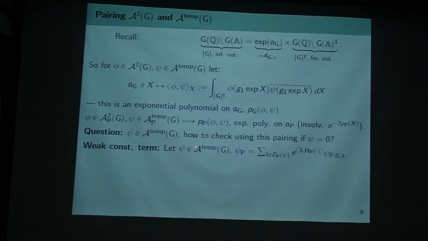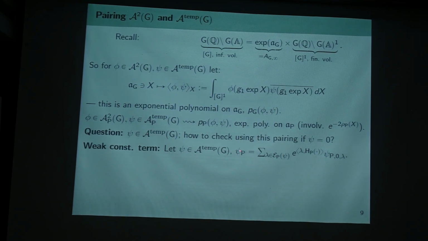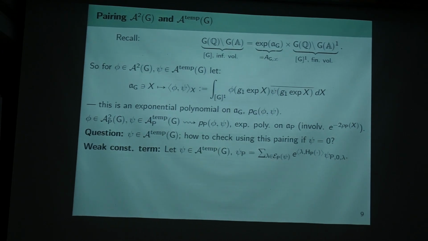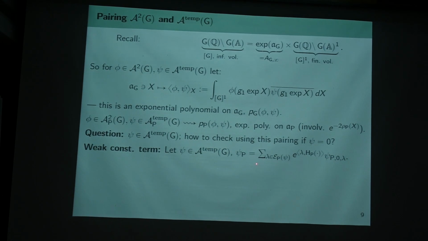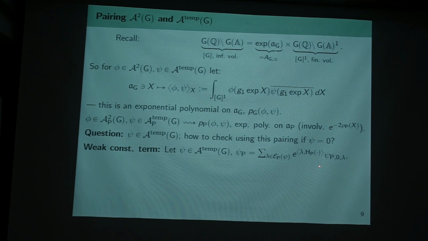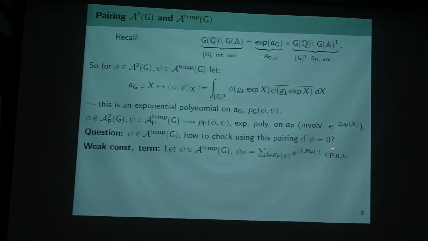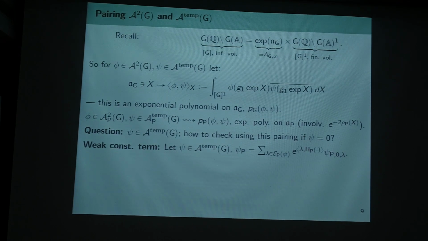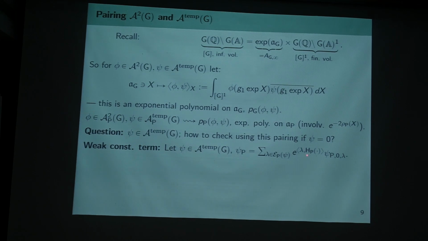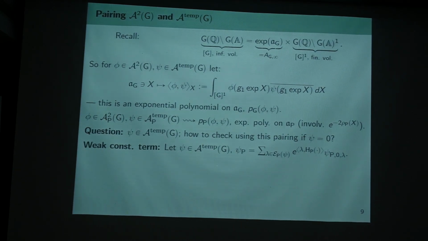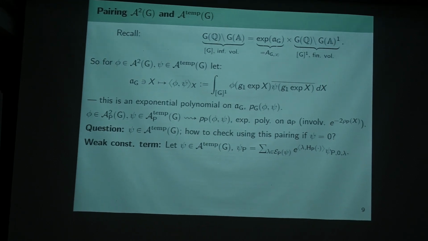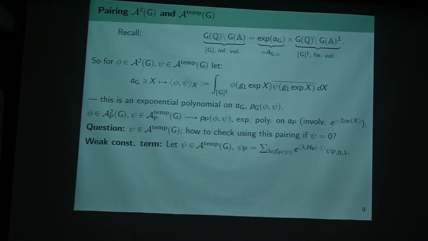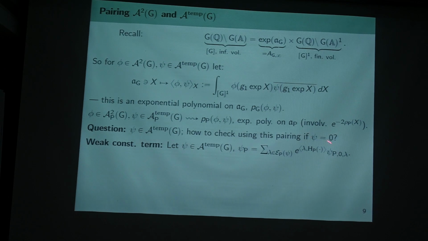Namely, if you have a tempered automorphic form, you can take its constant term with respect to any parabolic. So you can expand it like this: an exponential function times something which is polynomial in the A_P factor. And then the point is that temperedness means that all these exponents will be conducive to slow growth, but some of them will actually be conducive to rapid decrease, namely some square integrability kind of thing.